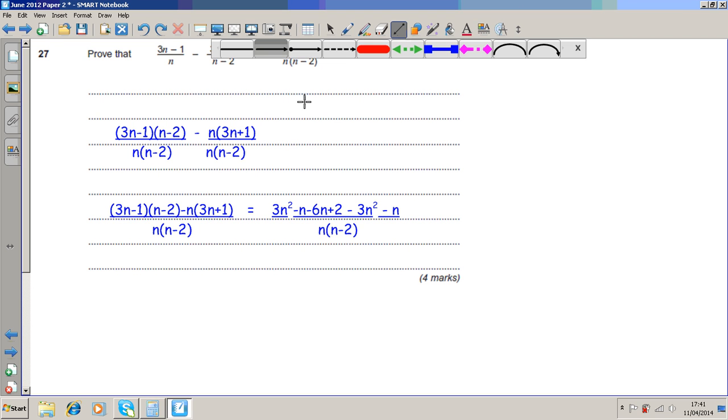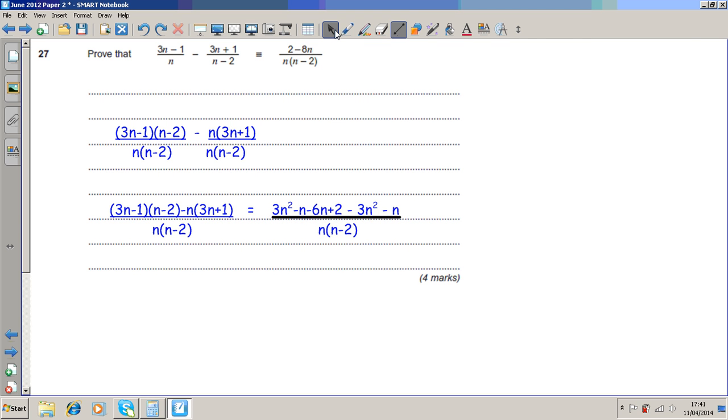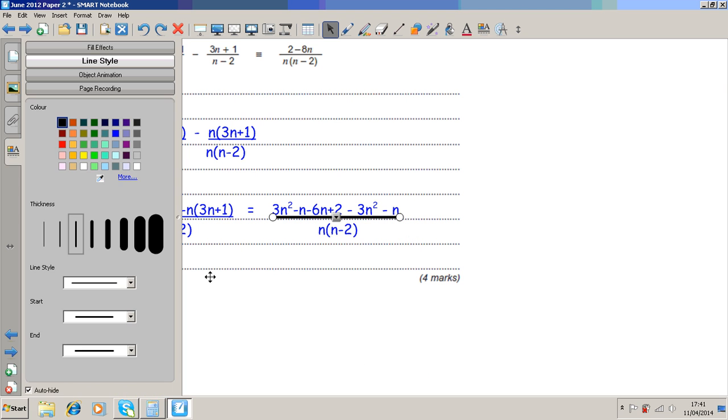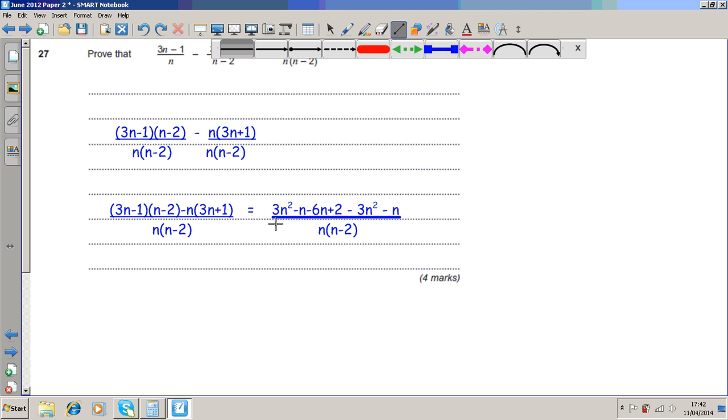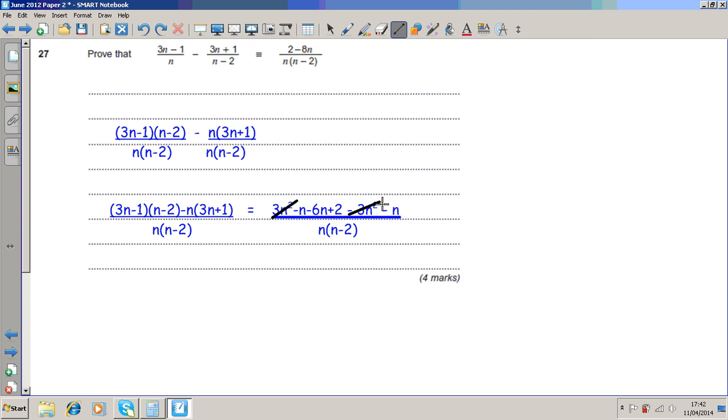Okay, so I've got that there. That should be all over, like so. Now we can cancel things off. I've got 3n squared, and I'm taking 3n squared off there.